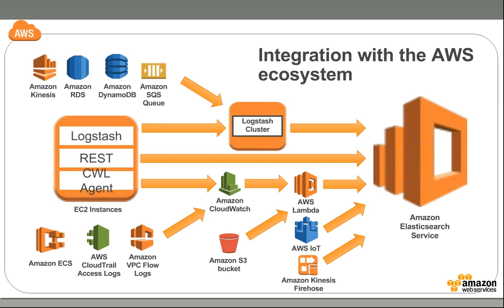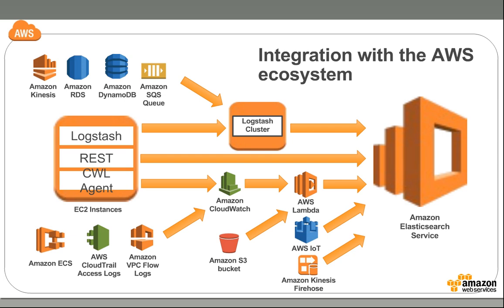Logstash has integration with many different inputs, including some AWS inputs like Kinesis and RDS, DynamoDB, and SQS. Data can go directly there. And on the output side, we've released an Elasticsearch service plugin to do AWS SIG-v4 signing for the traffic that's going to your Elasticsearch service cluster.